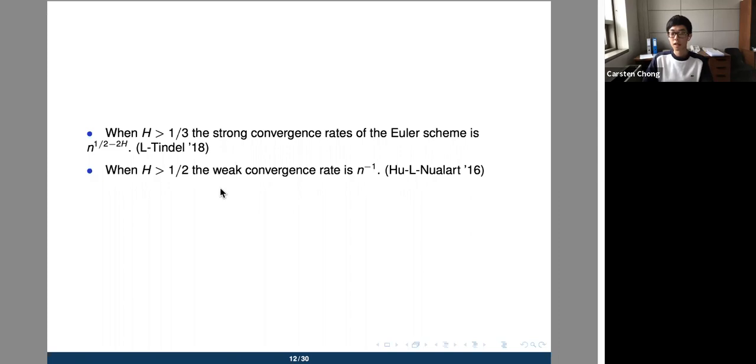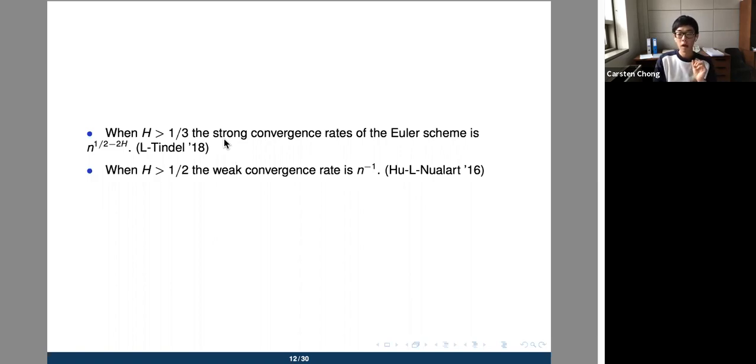Further questions? Okay, then I have one more. Here you consider the situation where your system is driven by a single fractional Brownian motion.